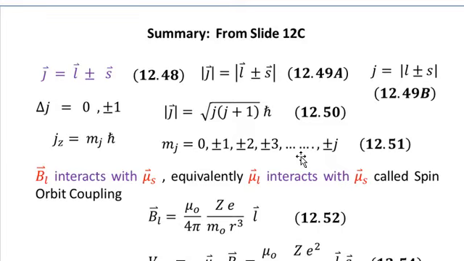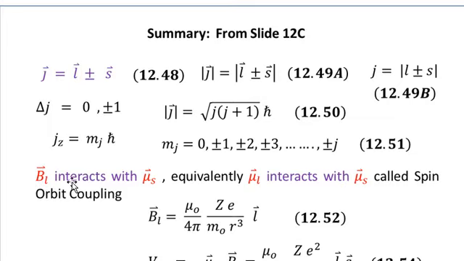That is, now the energy of the J levels will depend upon the total magnetic quantum number of the atom or the electron, as shown in equation number 51.